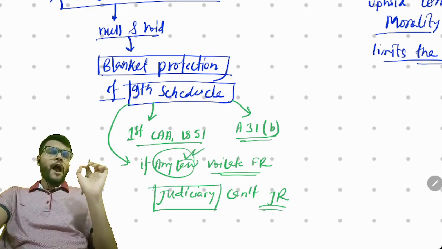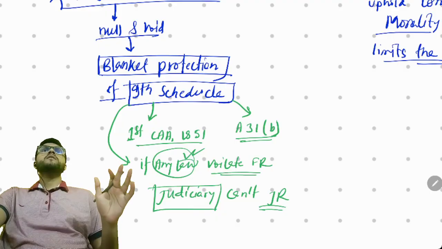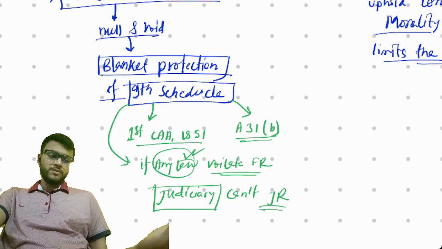So if any law violates the fundamental right, the judiciary can't apply judicial review.